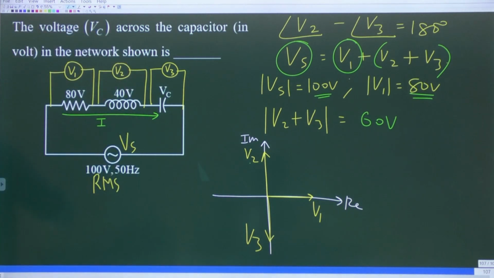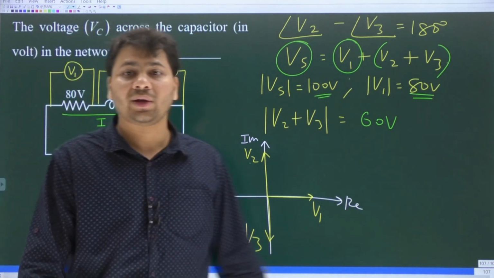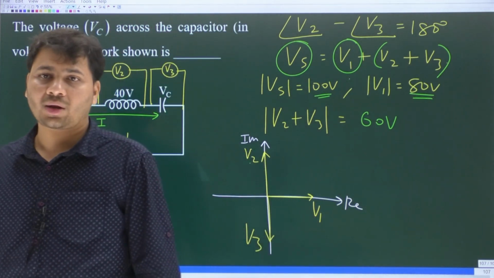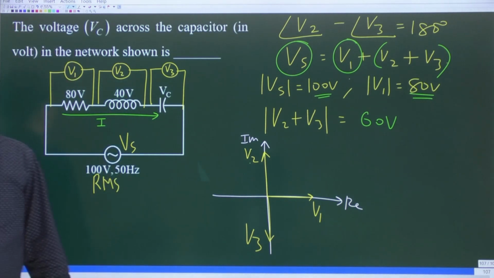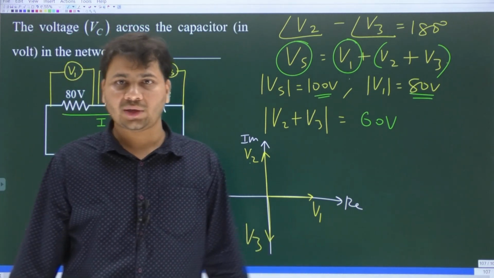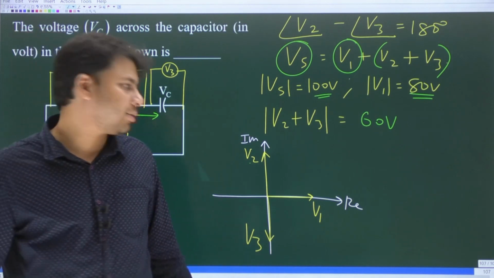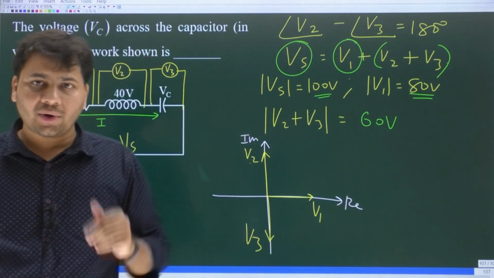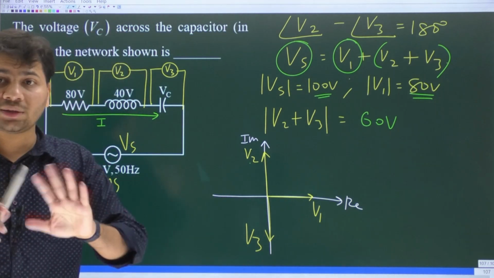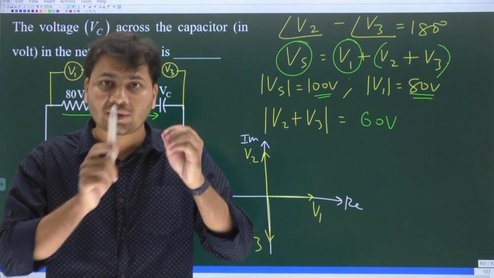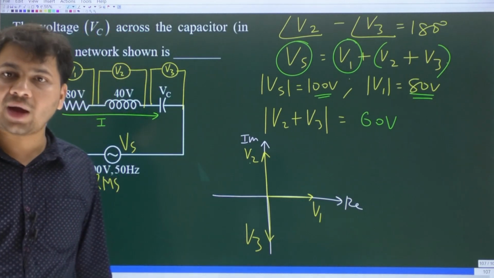Please tell me. V3 should be longer. Yes or no? V3 should be longer because mod of V2 plus V3 will be longer minus shorter. You are not adding the two lengths. You are subtracting the smaller length from the longer length.